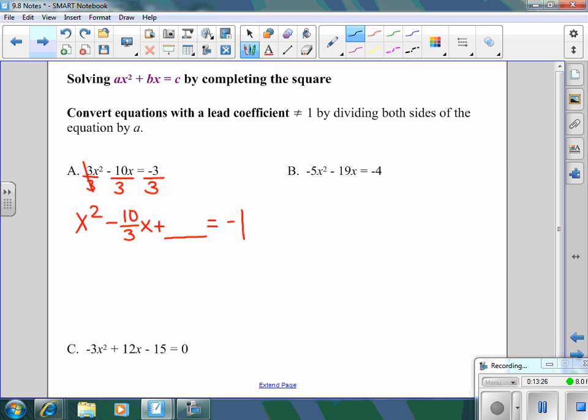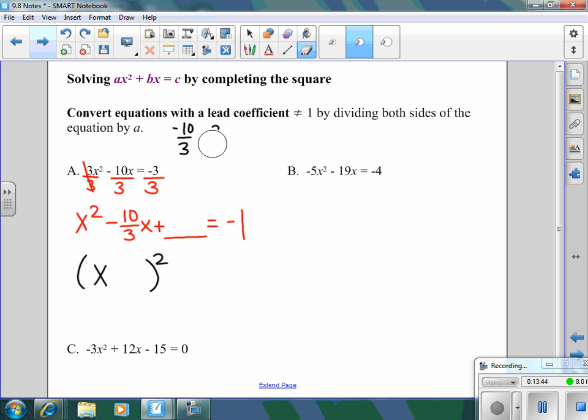So steps are exactly the same. I want to turn this into a perfect square. I need to take negative 10/3 and cut it in half. So remember, taking negative 10/3 and cutting it in half, divided by 2 is the same thing as multiplying by 1/2. Way easier to do, and we get negative 10 over 6, which can be simplified to negative 5/3.